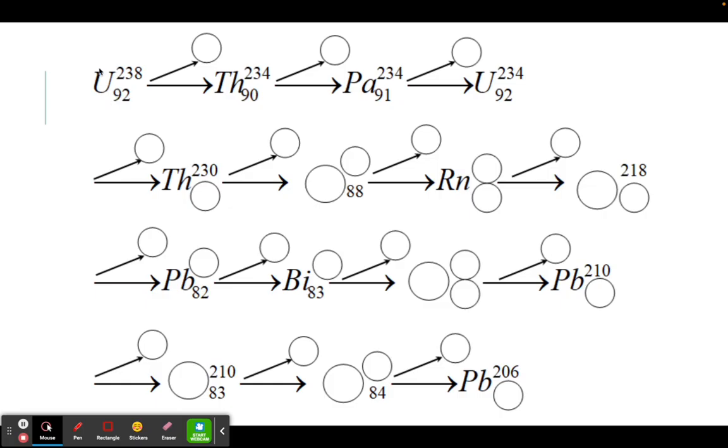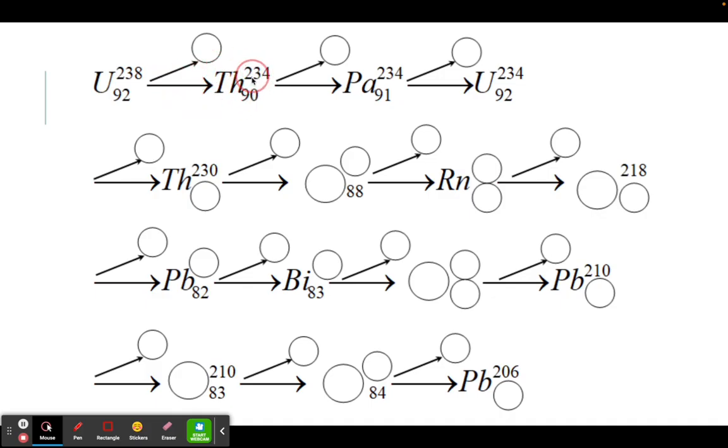If you look uranium up on the periodic table, you'll see that it has atomic number 92, and here its mass number is 238. So this is uranium-238, and it's going to undergo a decay process.